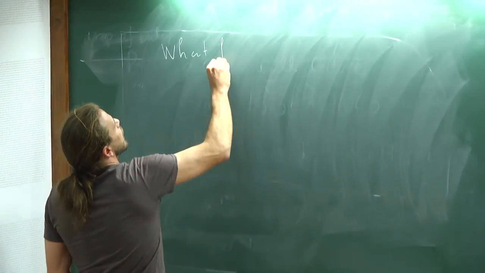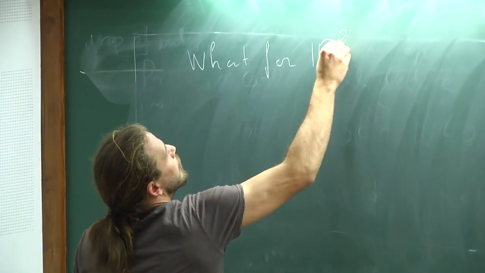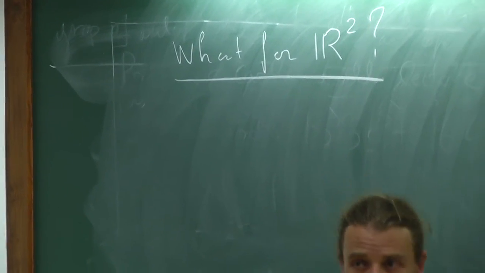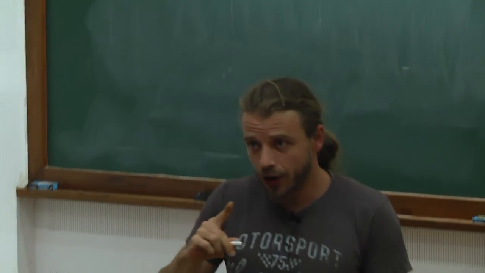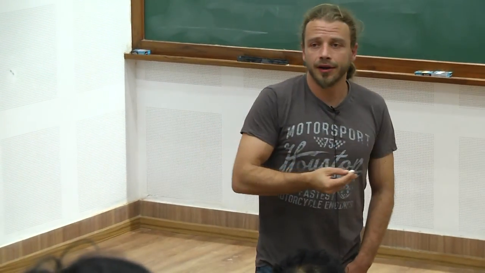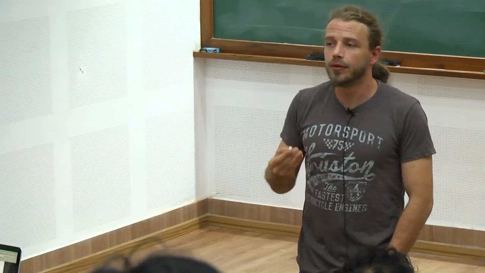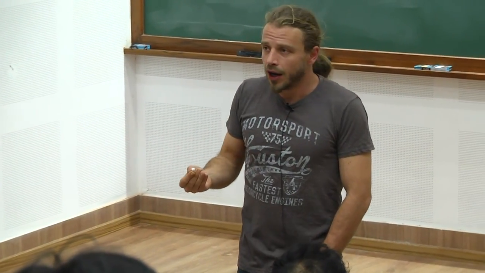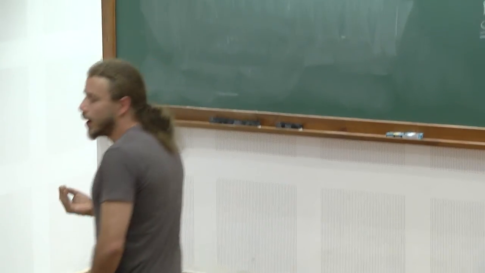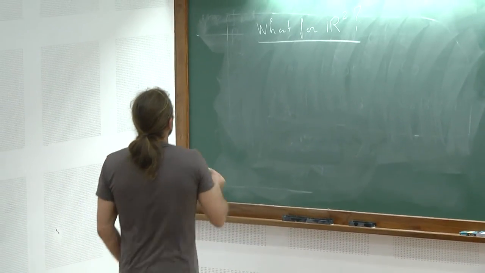What about R2? Okay. So here we are looking for smooth complex surfaces with minimal topology whose real locus is R2. So what do I mean by minimal topology?